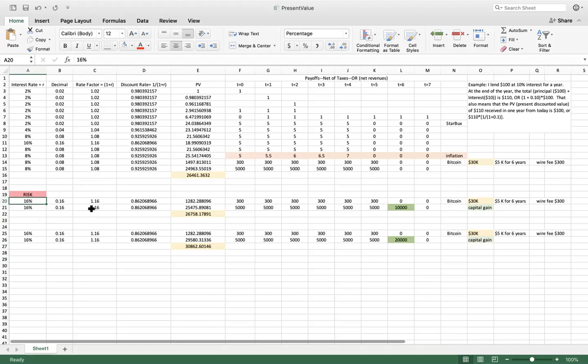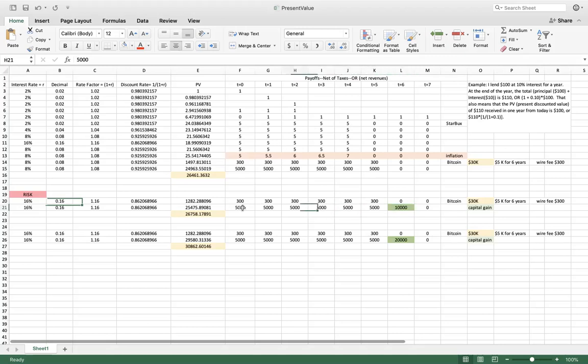So I increased the rate to 16%, and then I did one other thing. One of the things that goes on with Bitcoin is I might pay $30,000 knowing that I'm going to transfer $5,000 worth of Bitcoin for each of the next 6 years. But at the end of that, because Bitcoin prices might have gone up, I might end up with some value left over.